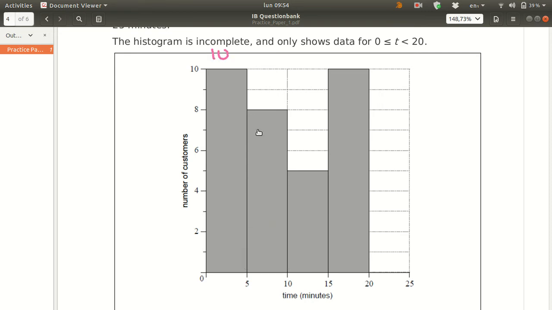This would be 10, this would be 8, this would be 5, and this one would be 10 as well. So this one is K. The total number of customers is the sum of these numbers: 10 plus 8, 18, plus 5, 23, plus 10, 33, plus K. So this is the total number of customers in terms of K.